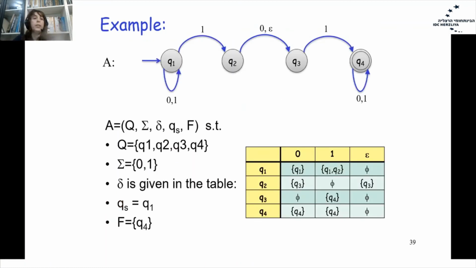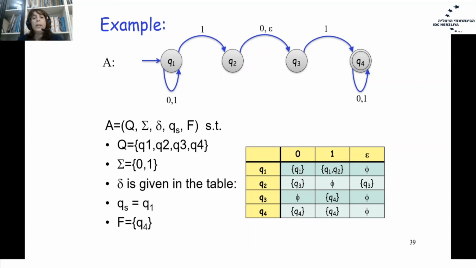So let's give a formal definition for the automaton that we previously had. The set of states Q has 4 states: Q1, Q2, Q3, Q4. Our alphabet is 0, 1. The transition function is written in this table. Please pay attention that we have all the states as rows, Q1, Q2, Q3, Q4. We have all the letters of the alphabet, 0 and 1, as the columns, but also an additional column, which is the epsilon transition.